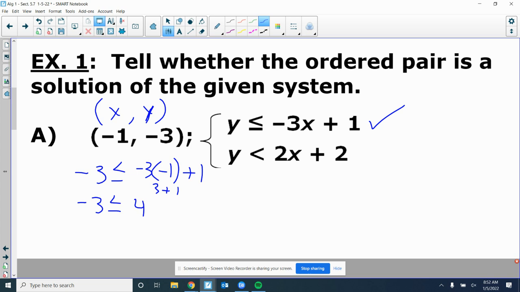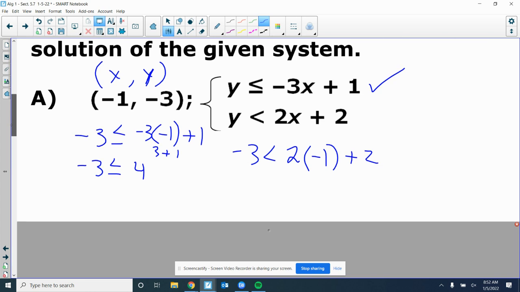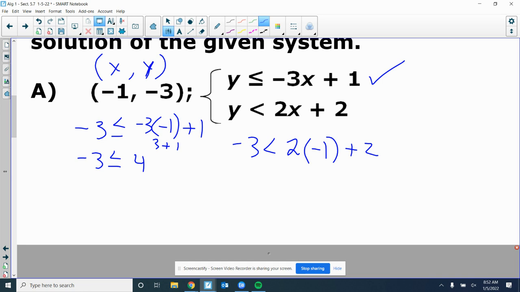Okay? So -3, still my y. 2 times x is -1. We have to see if that's true. It's got to be true for both of them. Jeff, what do you think?